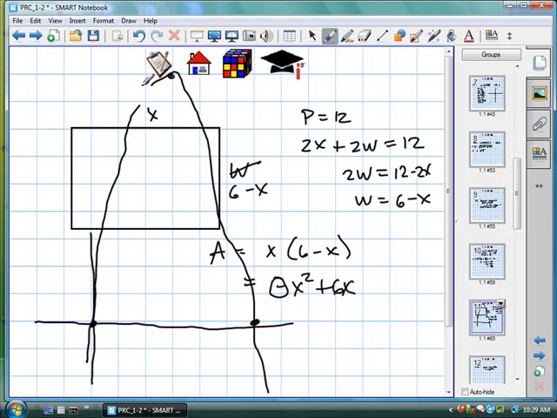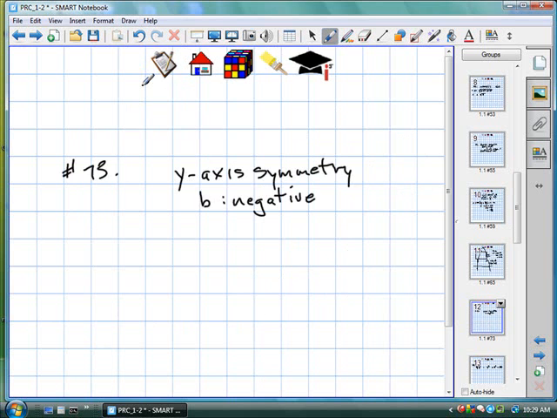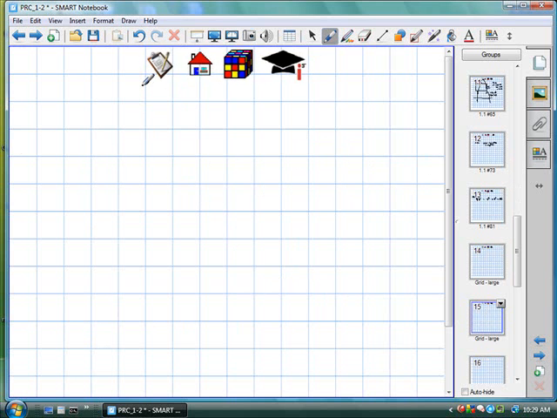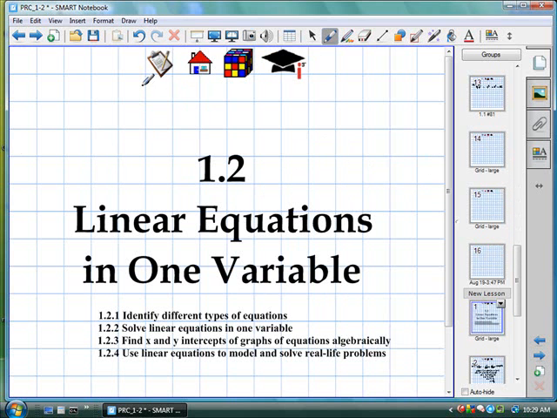Okay, let's see how far we can get. Some old questions here. 1.2. Linear equations in one variable. I don't know, there's not a lot here.